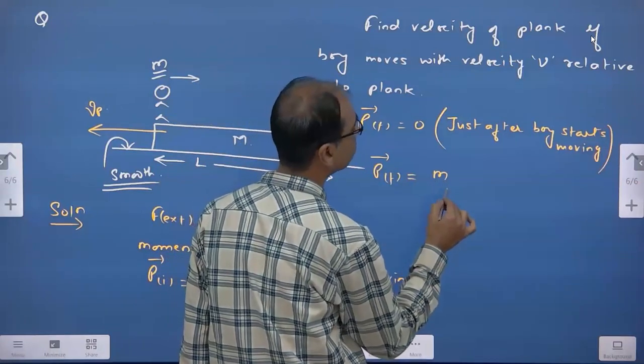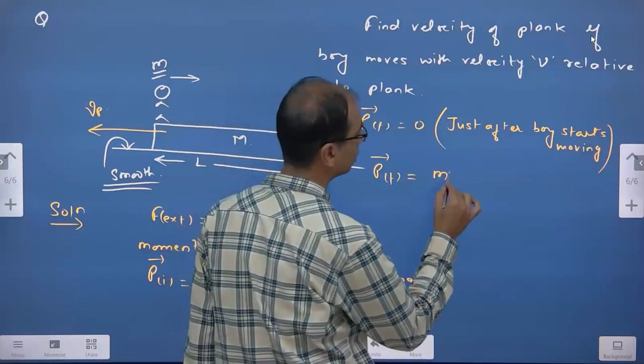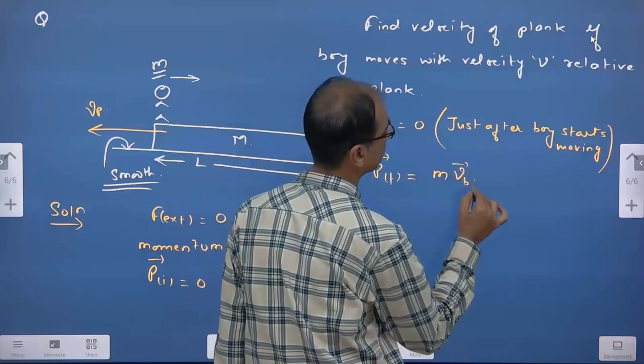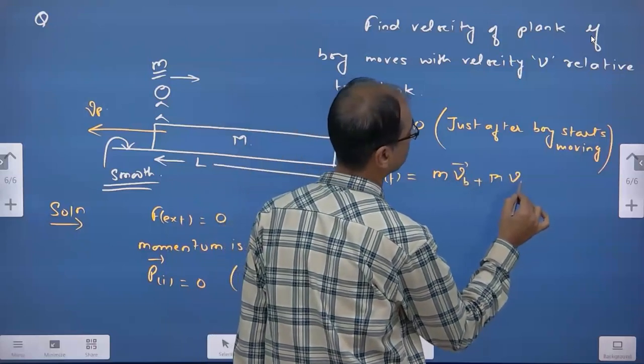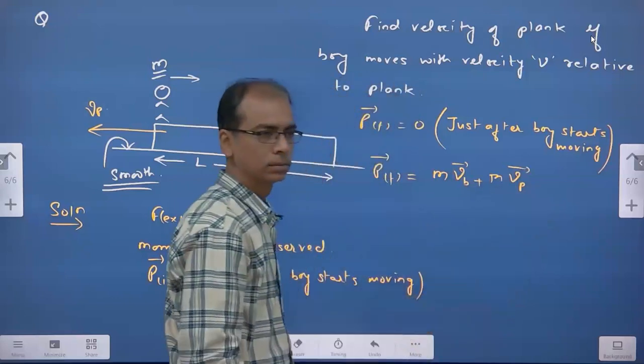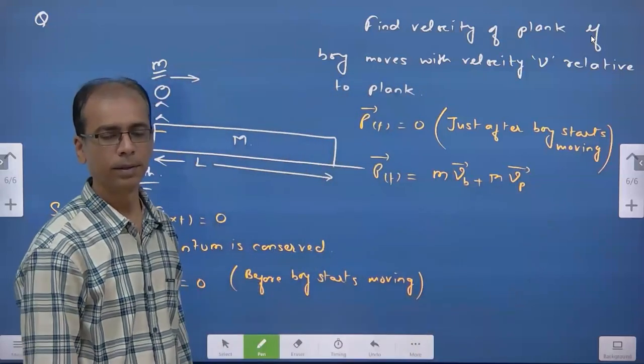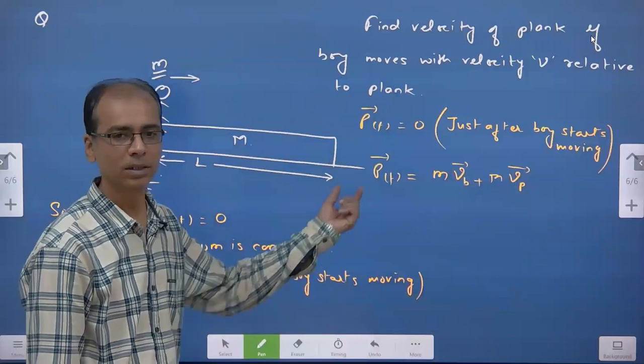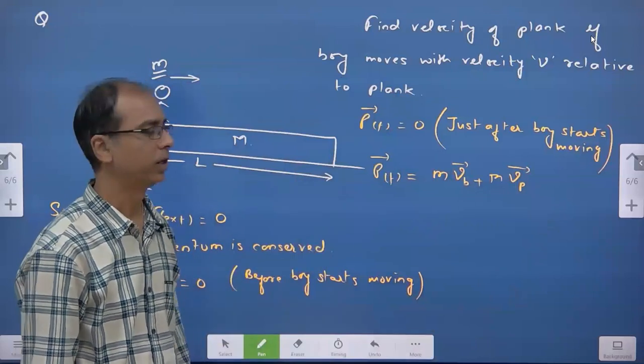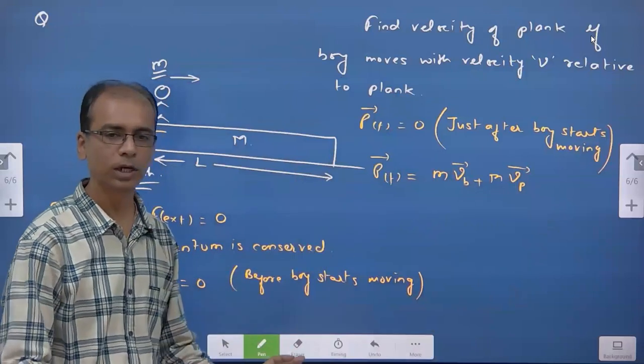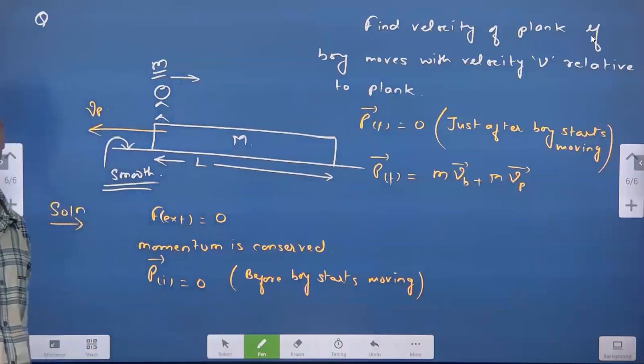So I'll write m into velocity of the boy, vb, plus M into velocity of the plank, vp. But this is equal to 0. Now, up to this point, any doubt? Everything is fine?